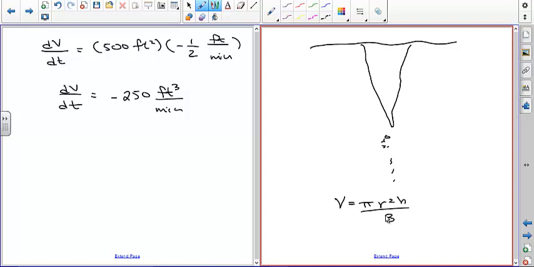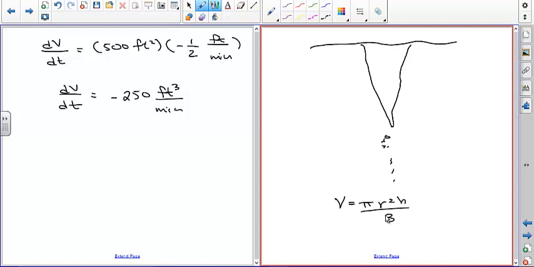So after you've done the drawing and put some dimensions on it, see if you can figure it out. It says that at a certain point in time, the height is increasing at the rate of 1 centimeter per hour. So see if you can figure out what that derivative is, the derivative of something with respect to something. And is the sign positive or negative?